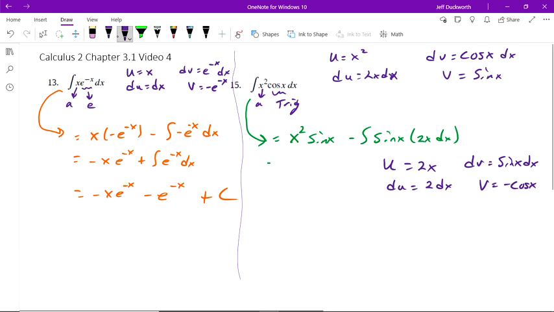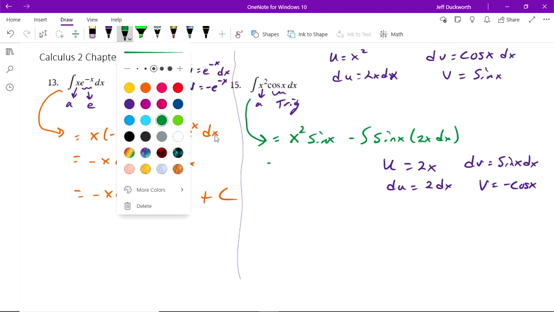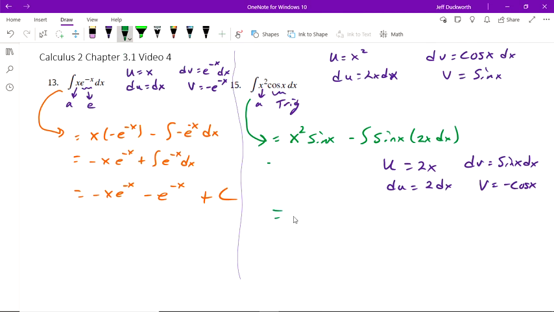All right, so let's finish this integral here. So x squared sine x from above, and then we'll do the entire integration by parts here. U is 2x, v is negative cosine x, minus the integral of v, so negative cosine x, and then du is 2 dx.